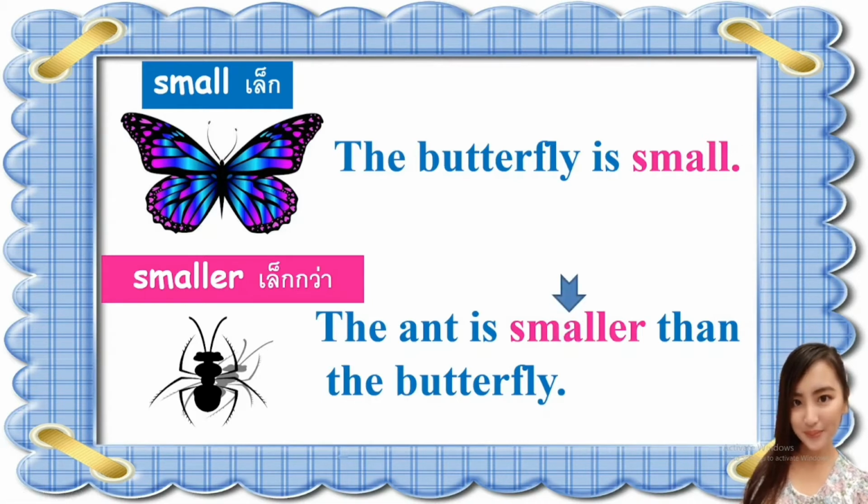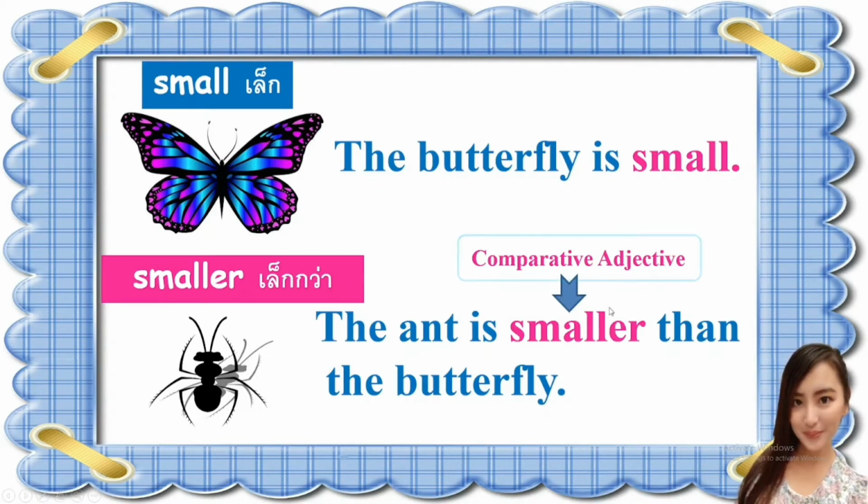So in here, smaller is a comparative adjective. It is used to compare two persons, animals, things, or ideas. In here we have 1, 2. We compared butterfly and ant, two animals or insects.